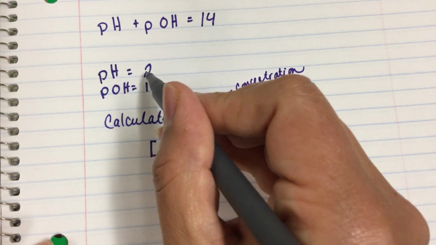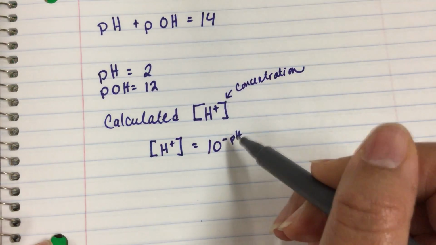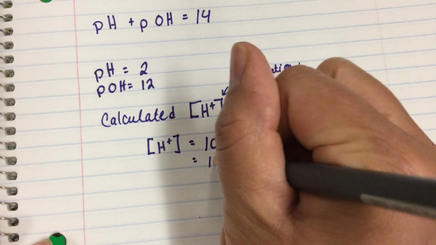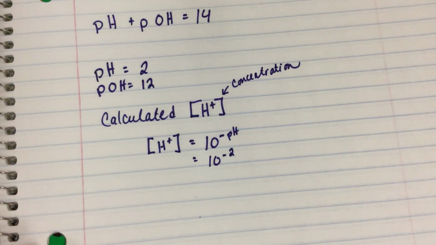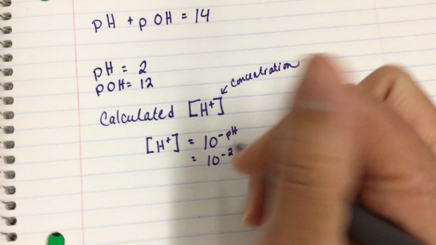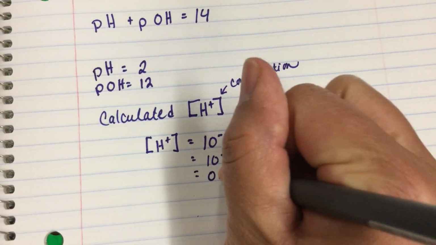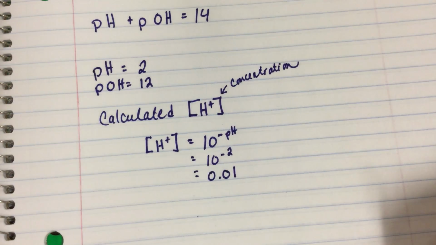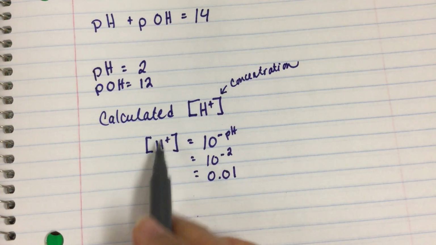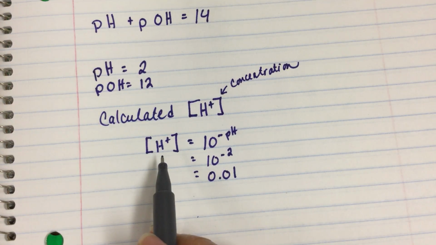I have my pH of 2, so I'm just going to substitute that in. This is equal to 10 to the negative 2. So I'm going to use my calculator. I get a hydrogen concentration of 0.01. This is going to be the concentration of my hydrogen ions.